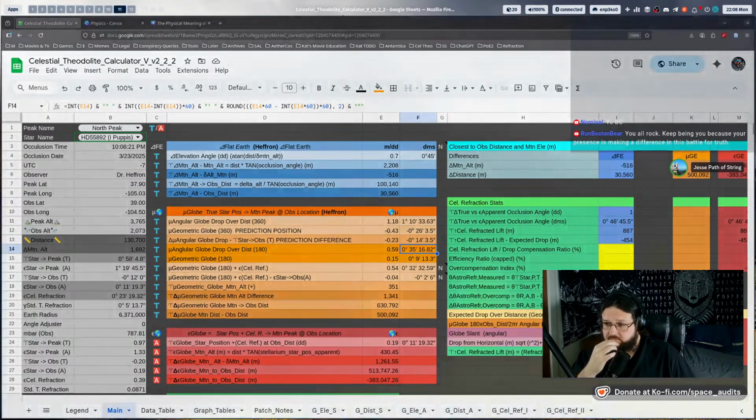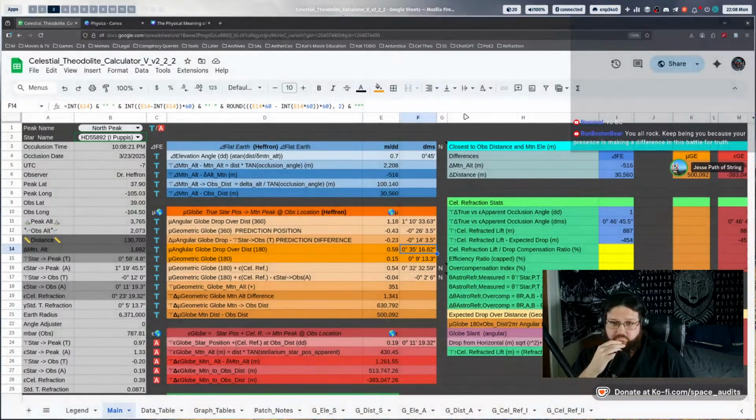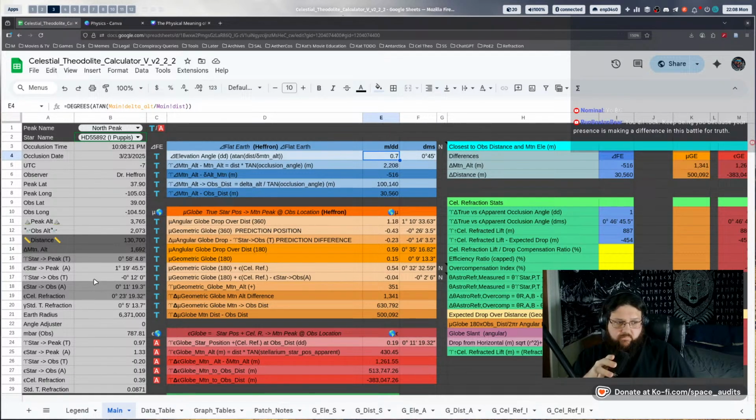So that DMS in F3 or E3, the angle in E3, is that the arctangent? Where's the value from the Stellarium simulator? The atmosphere off at peak is represented over here with 58 arc minutes.